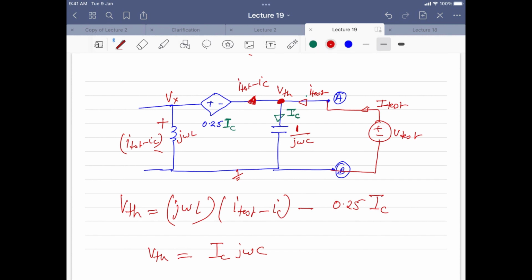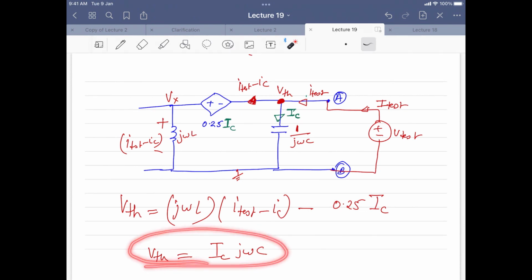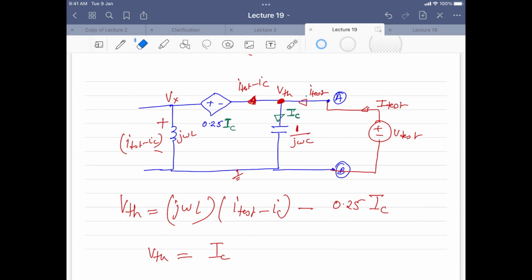Okay, so now if you work on this and try to solve this circuit, what will be the answer? Can you solve for me? Sir, minus 2J IC. Is it okay? Sir, it will be multiplication only. Is it okay? Yes, sir. Okay.